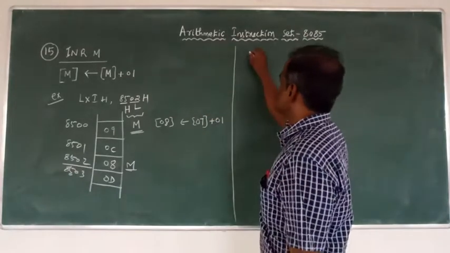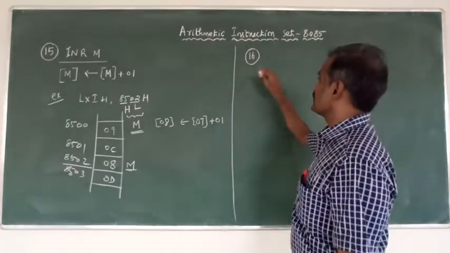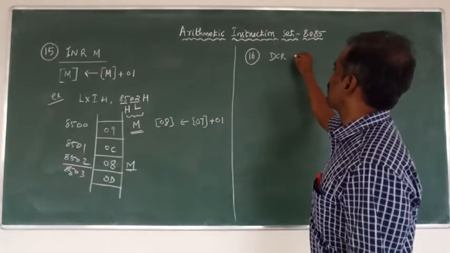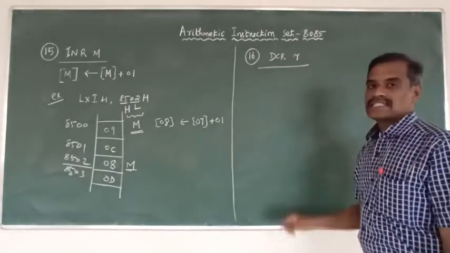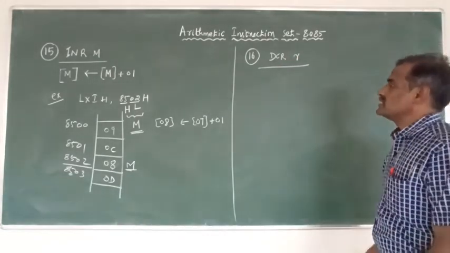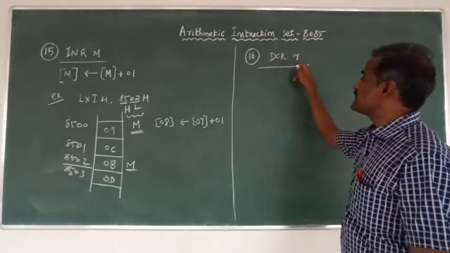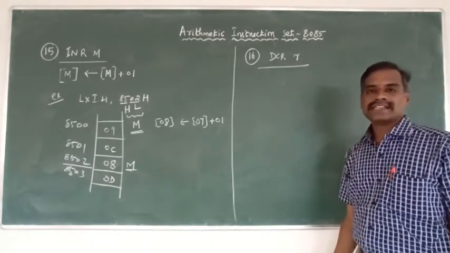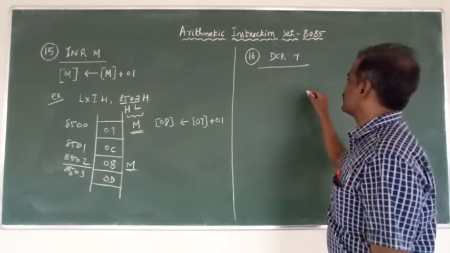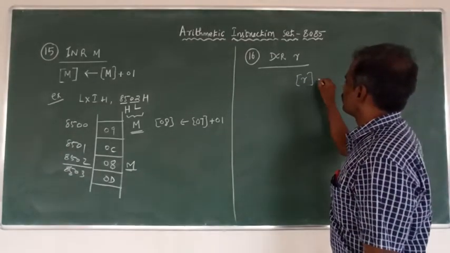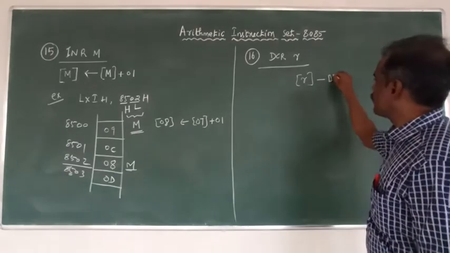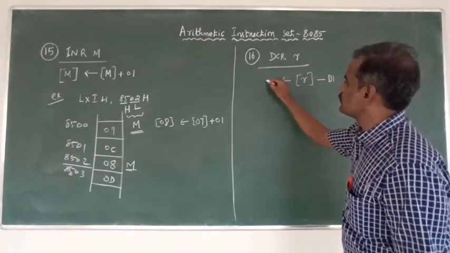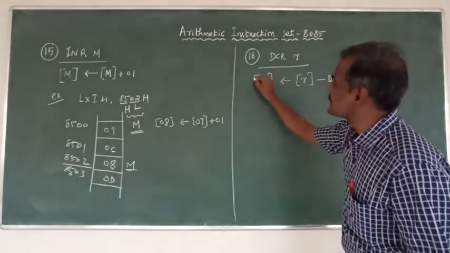Next one, 16: DCR R. This is for decrementing the register content: R minus 01, and the result is moved to the same register itself.